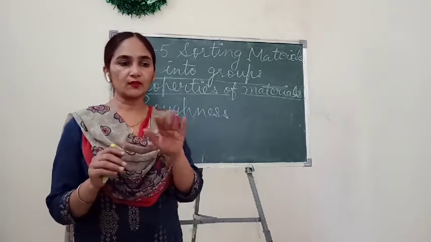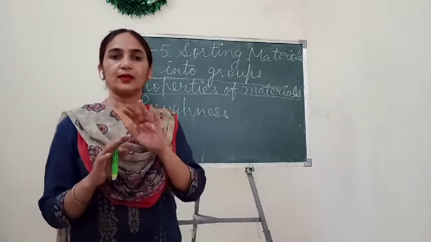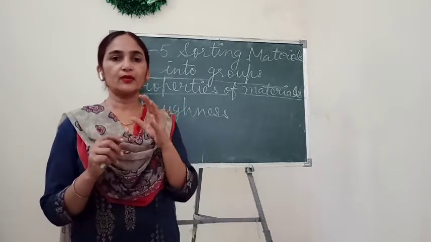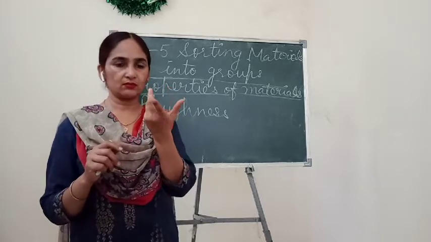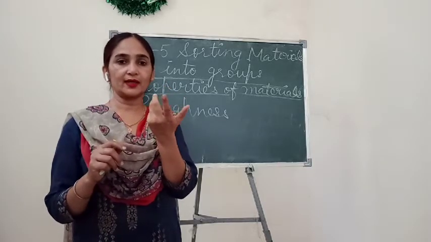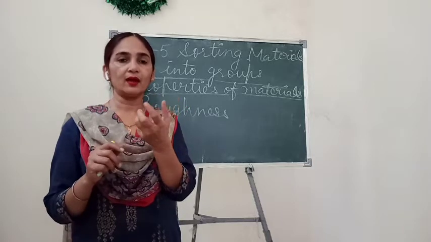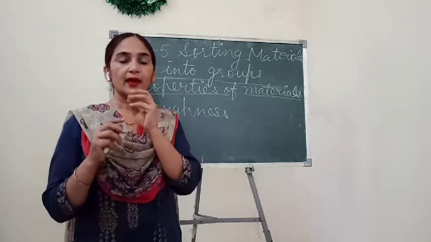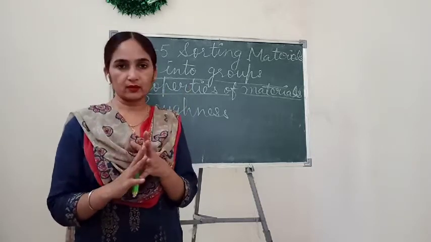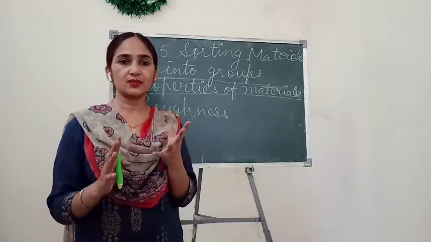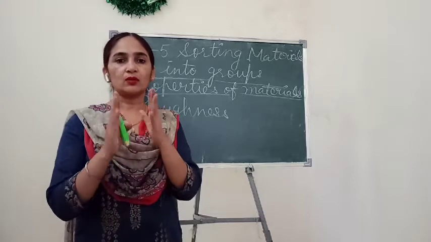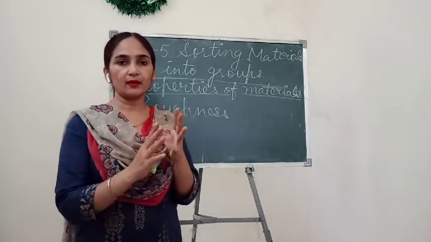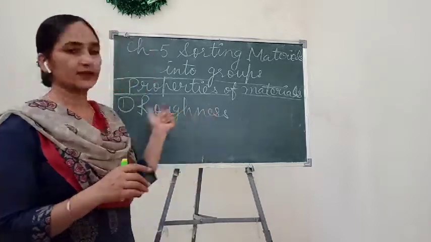If you touch cotton fiber, it is very soft. And if you touch coir, we have already studied that coir is the outermost hairy covering of coconut, you know how hard it is. So we can separate out cotton from coir on the basis of roughness.